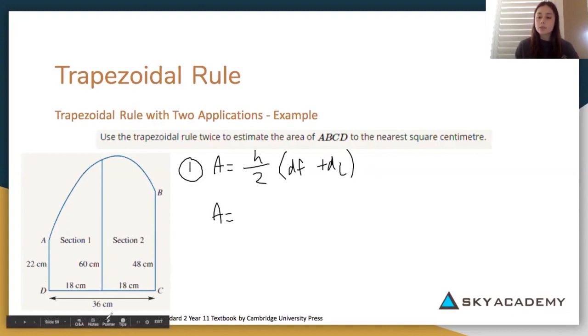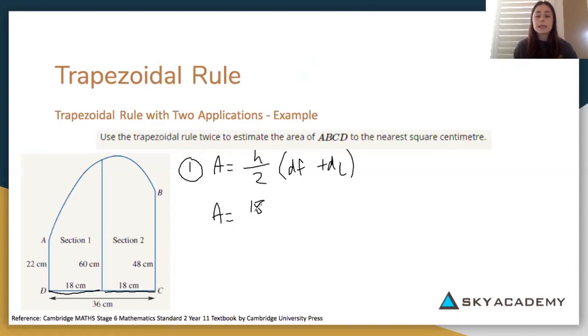So 36 divided by 2 is 18. So our first h is going to be 18 here, and our second one will be 18 there. So just remember, if they didn't write in the 18s for you, then you'd have to remember that because you're breaking it up into 2 sections, you also have to break up the width between the parallel sides into 2.